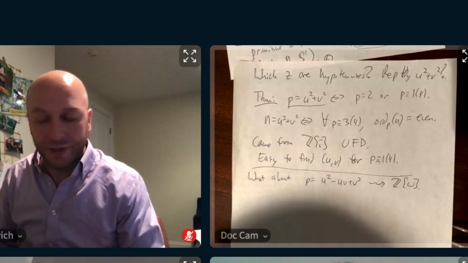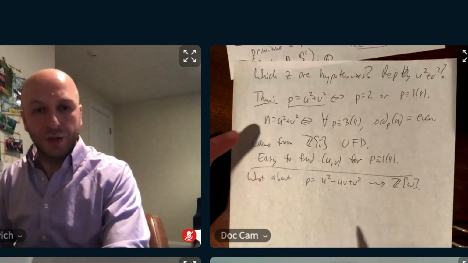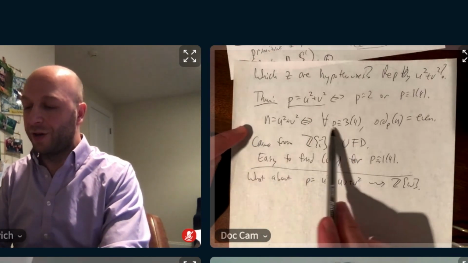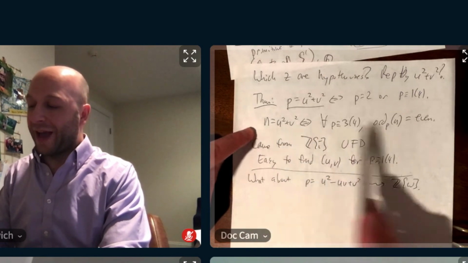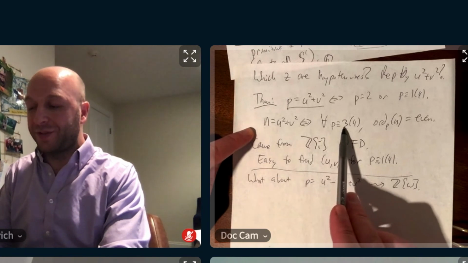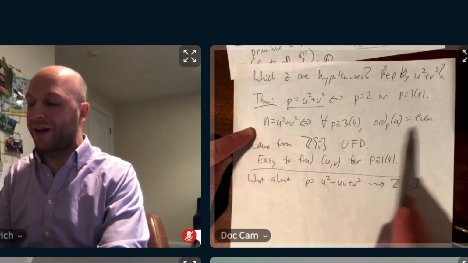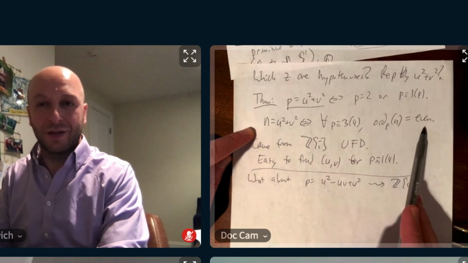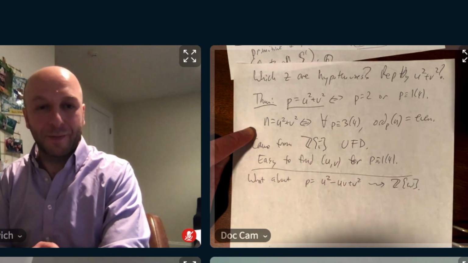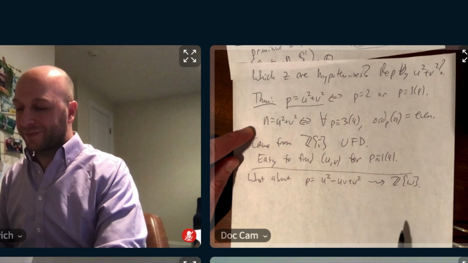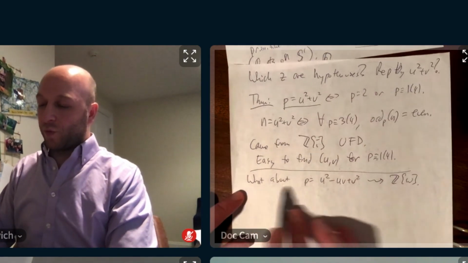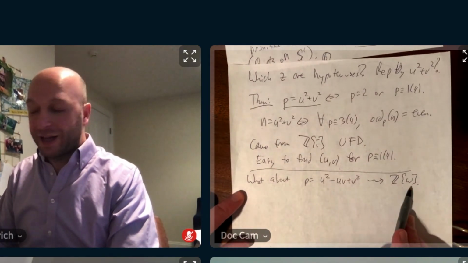What about primes that are 3 mod 4? What I'm saying is, if n has primes 3 mod 4 dividing it, it has to divide it an even number of times. Okay, good. What about this form? That's in the Eisenstein integers.